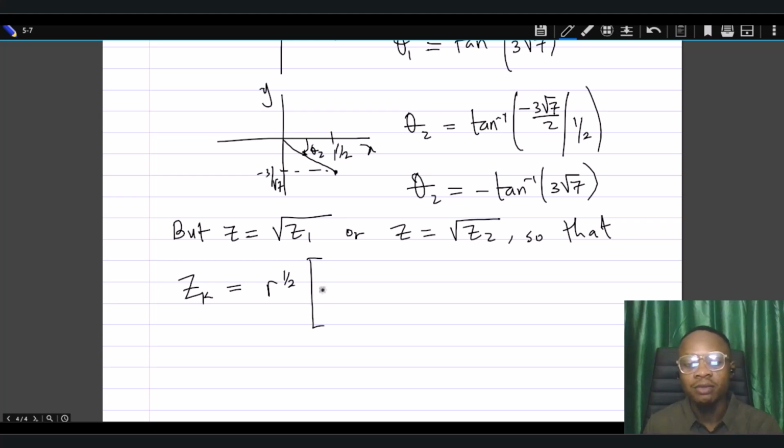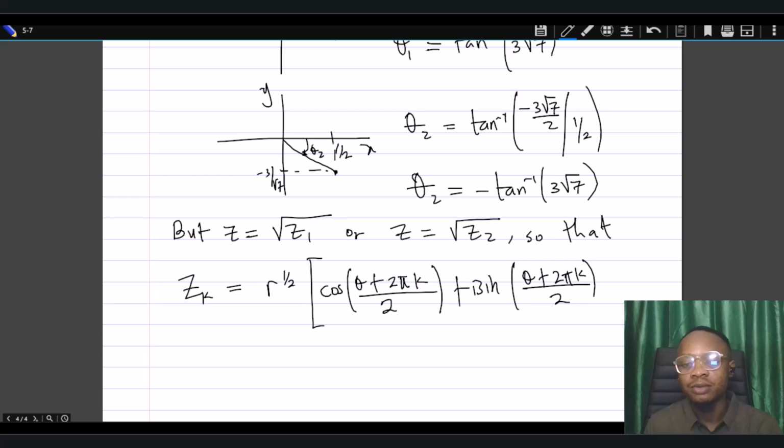So this time around we'll have cosine of theta plus 2 pi k, please, divided by n. So our n in this case is 2, and then we have plus i sine of theta plus 2 pi k, then divided by n, which is still 2.